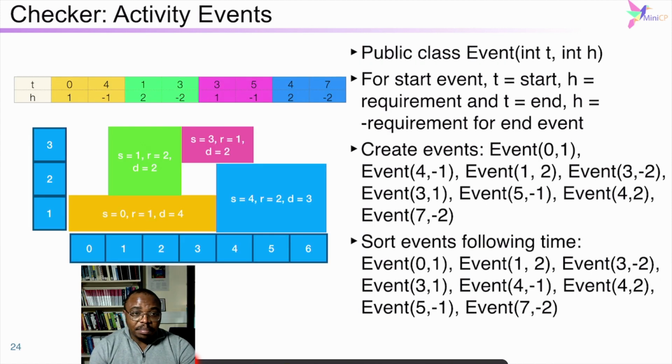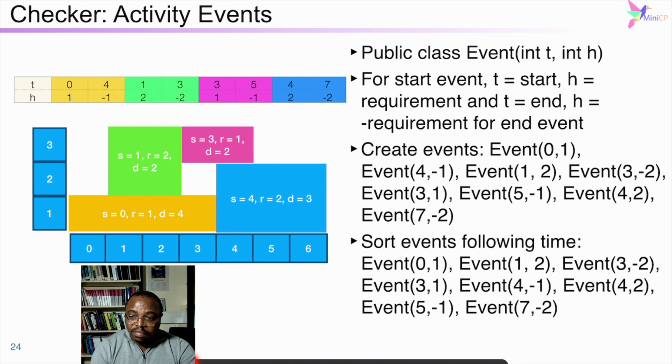The first step of the checker consists in creating events and sorting the following events. Consider the following example where 4 activities share a resource of capacity 3. The start time of each activity is fixed. 2 events are created per activity, one for the start and the other for the end.